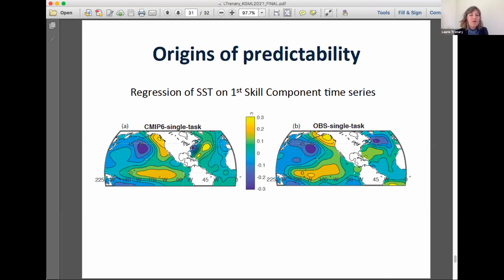Here is the CMIP6 derived at left and observation derived at right. The feature that really jumps out at you is the SST anomalies in the Pacific. They look very ENSO-like. So we can conclude that these are features that are robust and similar between the two data sets.